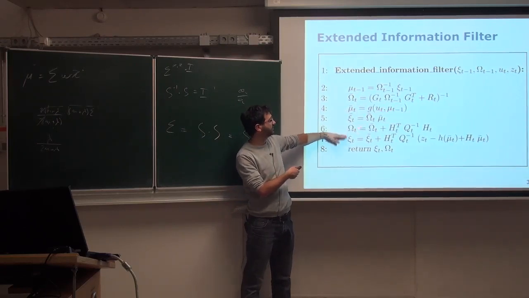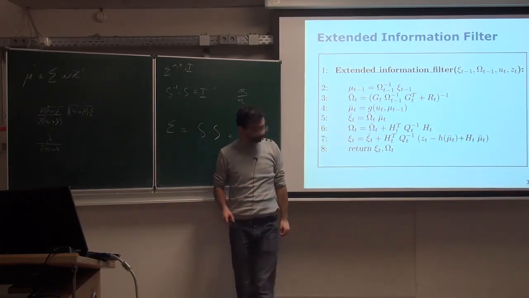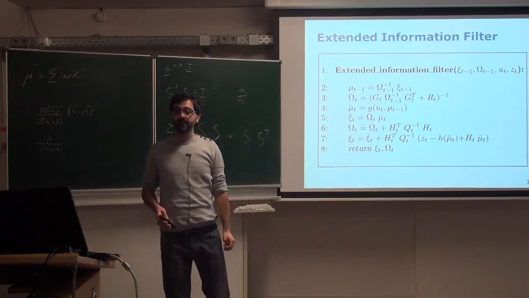And then we have this part here, which is the update step, where we get the Jacobian of h with respect to the predicted mean, and the function computed mu with respect to the predicted mean.